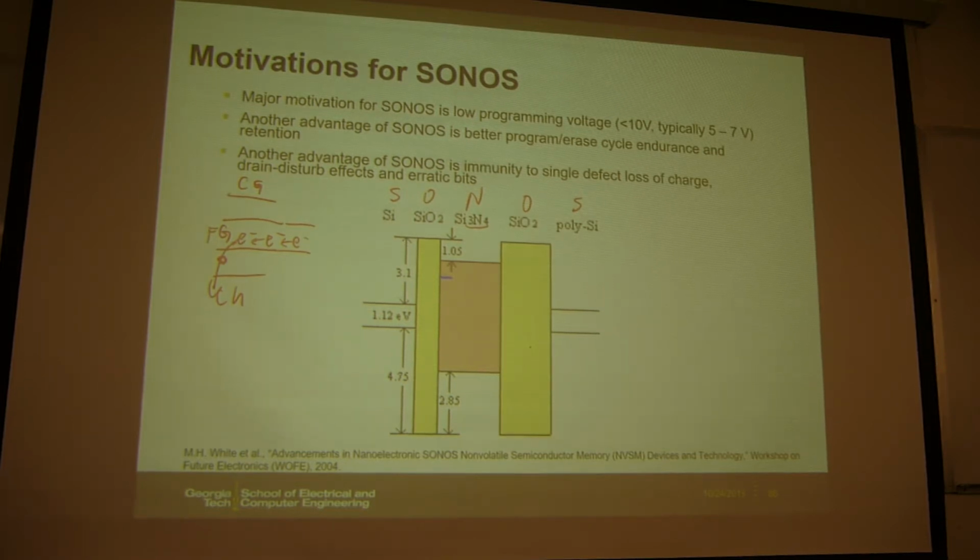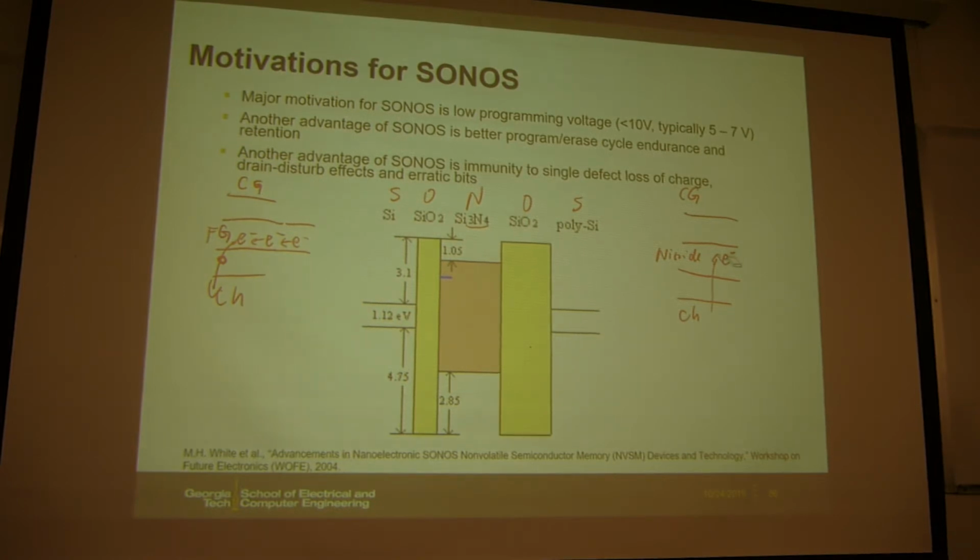And the difference in the charge trap cell, here this is again the channel, and this is the nitride, and this is the control gate. So in this case, nitride is an insulator. So when the electrons get into the nitride, they will be trapped at this location, and will not move.